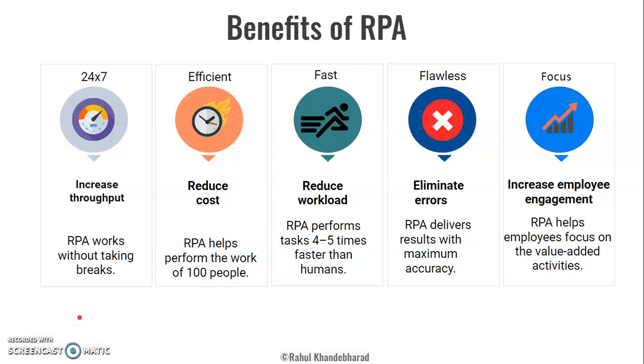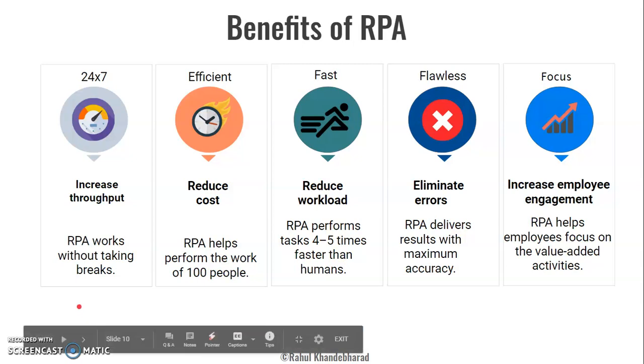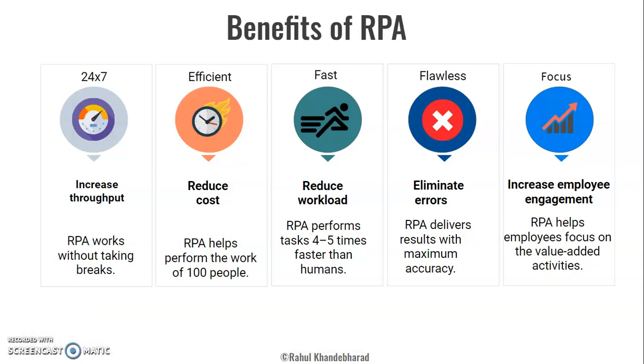So now let us see each of the key benefits of RPA. The first benefit is increased throughput, as robots can work 24 by 7. They do not require any leave or holidays. They can attend 24 by 7. They are efficient because they can reduce the cost and do the work in less time. So they are fast, and also they are flawless, with 99.99% accuracy, but humans can make errors.